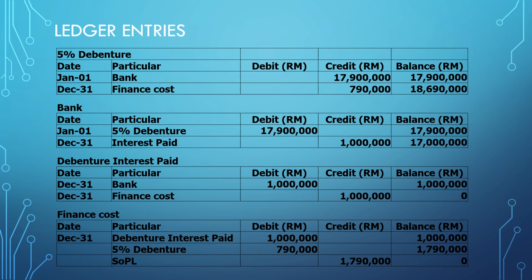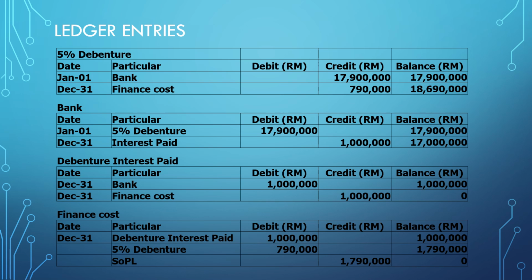And the ledger entries should be like this. In the 5% debenture account, there is a credit of 17,900,000. This is the initial recognition, when we received the money from the issuance of debenture, and the value has been increased by the excess of finance costs, credited now 790,000.